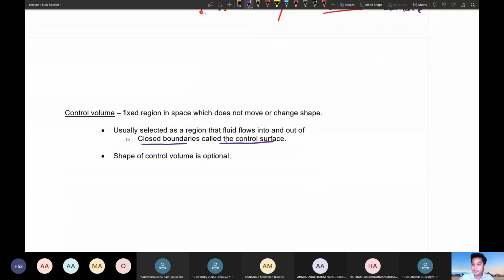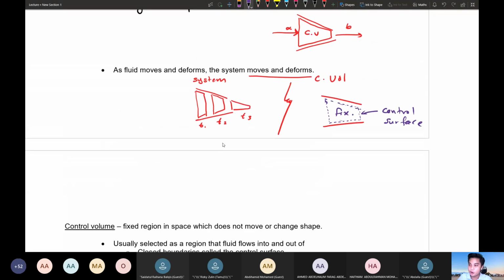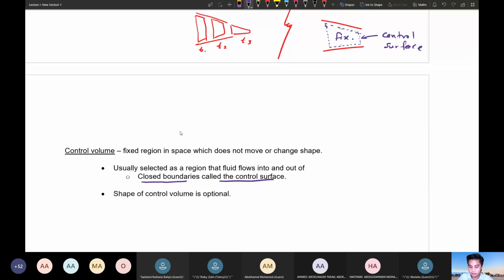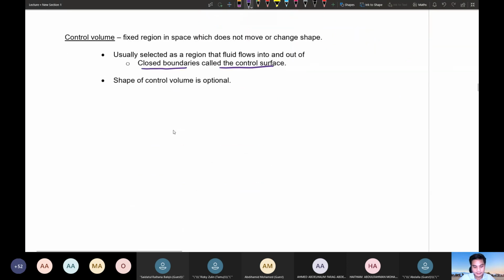Okay, the shape of the control volume is optional. Alright, it depends on your problem or your case study. The control volume is optional. So how to choose?